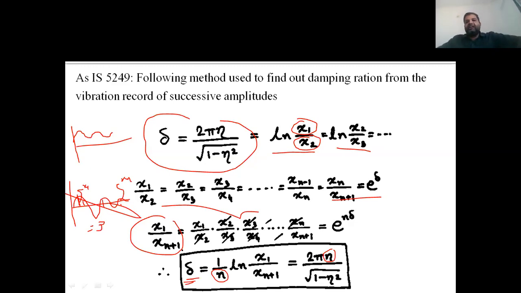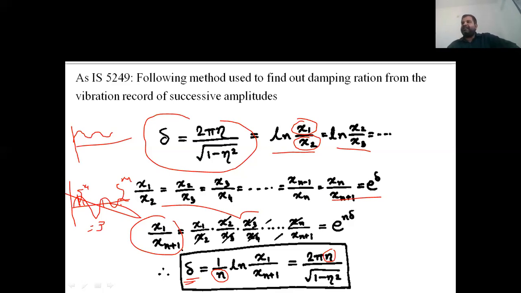So this way I'm concluding the underdamped free vibration case, the damped free vibration case. We have seen in this section two vibration cases. First is undamped free vibration, where the damping is not there. And then we have seen damped free vibration, in which we have seen three cases: overdamped free vibration, critically damped free vibration, and underdamped free vibration.